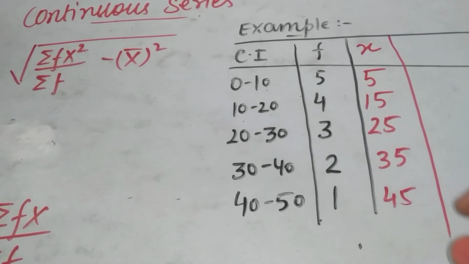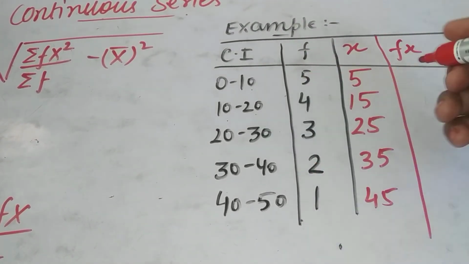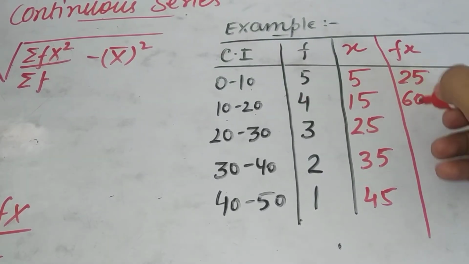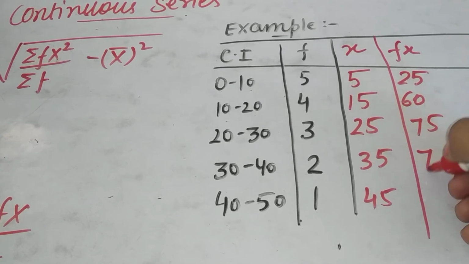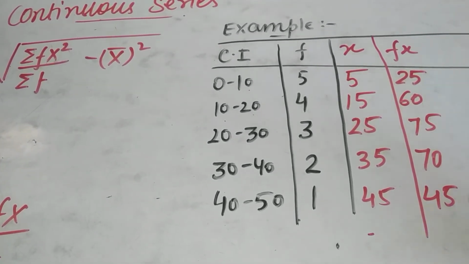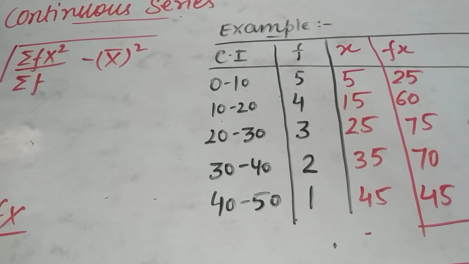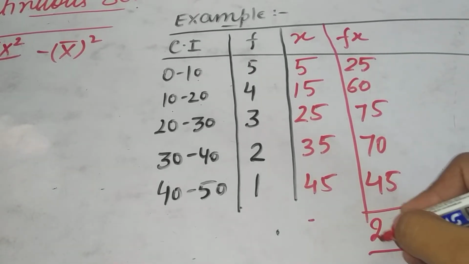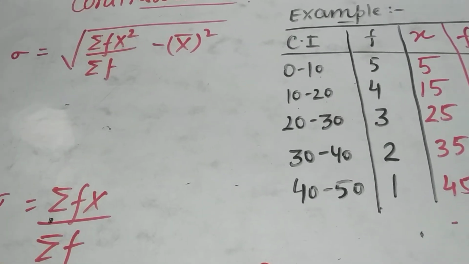Now we can calculate the value for mean using fx. Now multiply them. 5 into 5 is 25, 15 fours are 60, 3 into 25 is 75, 35 twos are 70, and 45 ones are 45. Now summation fx in this case is 275. Now put them in the formula to calculate the mean.